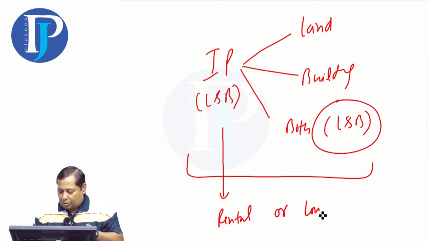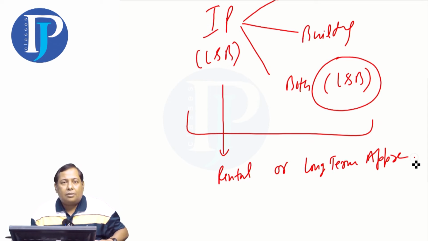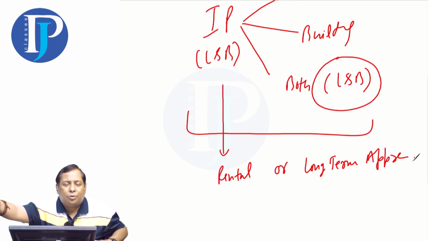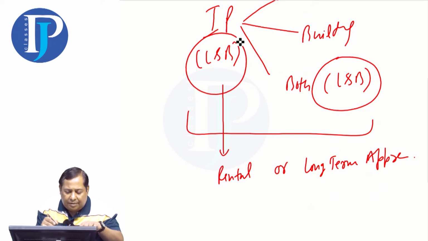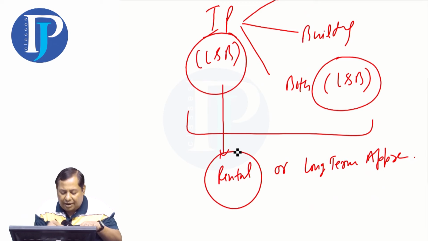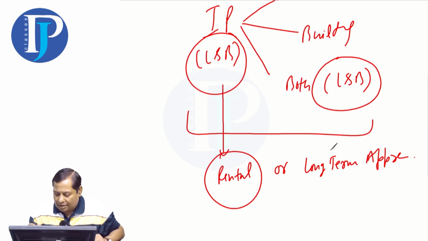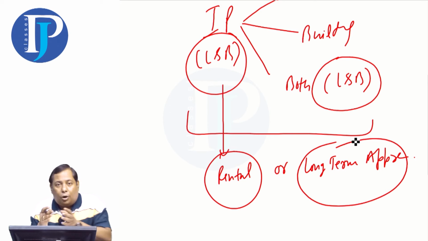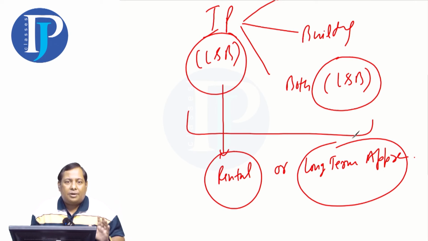Or you have kept it for long-term appreciation. Sir, if there is short-term appreciation, I will tell you. First listen. Any land and building which you have held for rental income, or which will earn long-term appreciation for you, that is your investment property.